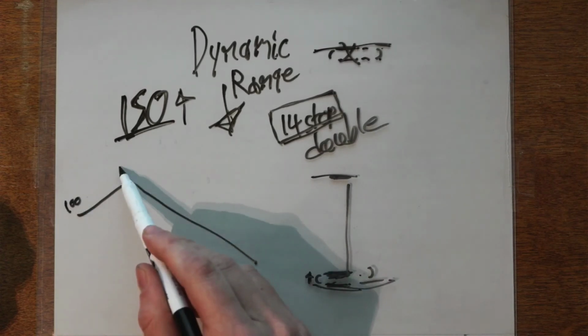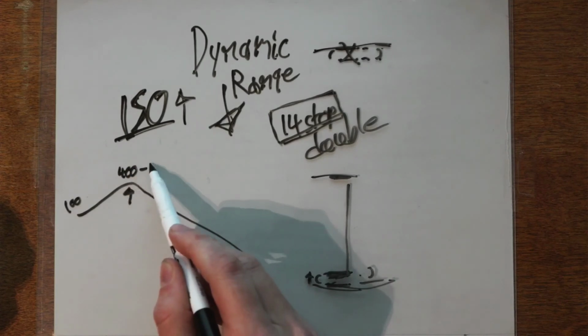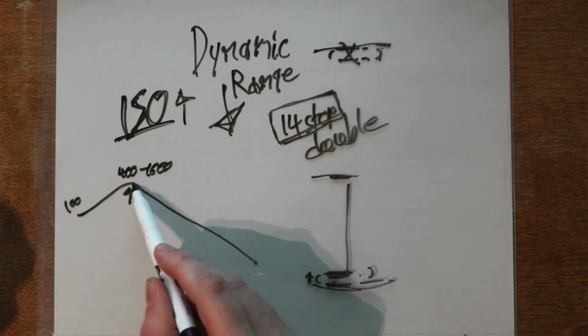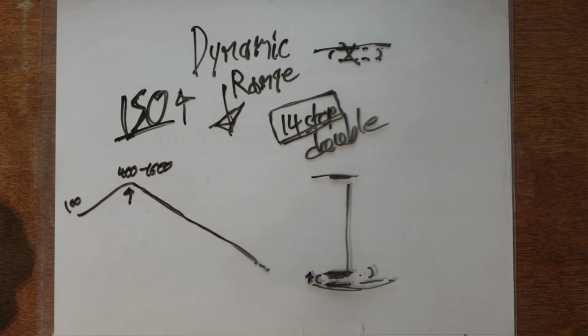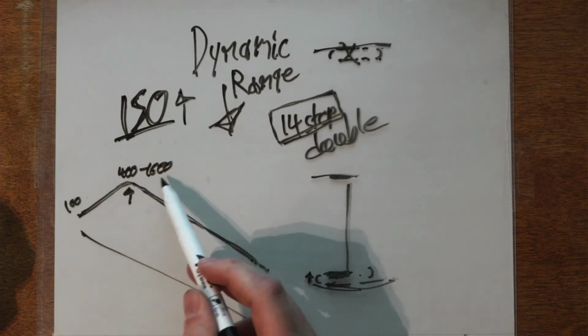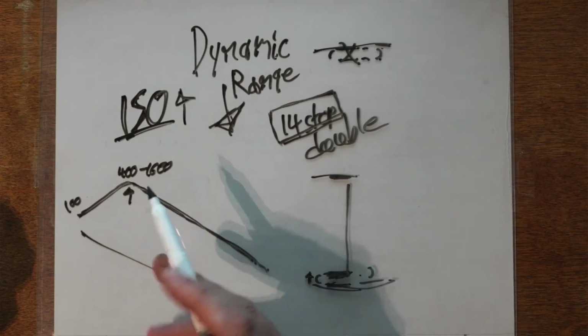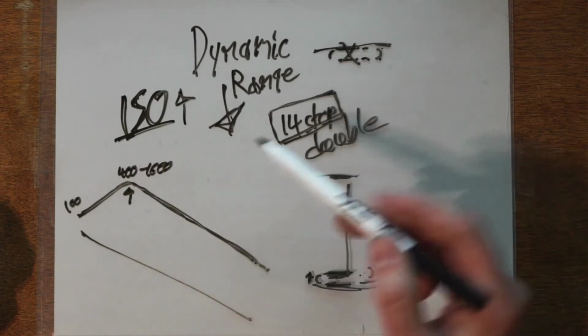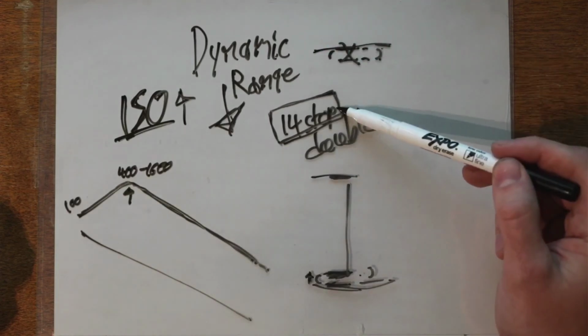It might be in the 400 to 1600 range, and then it's going to pretty much come off a cliff on the other side. But realize that they're not always straight down. Sometimes they will peak and then drop, and this is oftentimes in those cameras that have dual amplifiers in them. But dynamic range is rated like this.